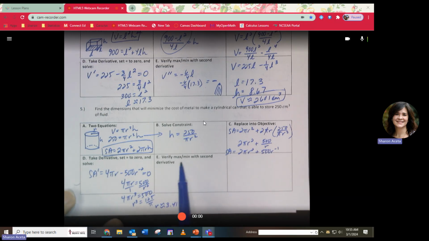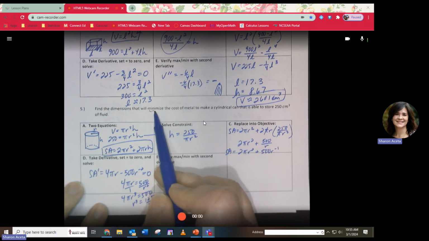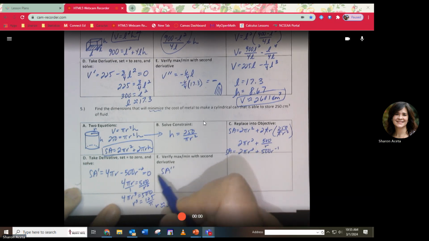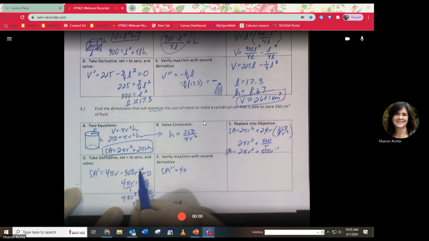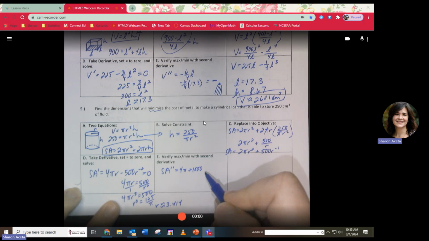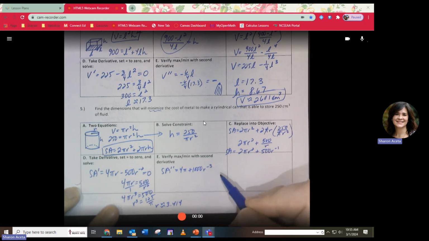And again, to verify that you have a max or a min, we're doing a min here, you would take a second derivative. This would be 4 pi. This would become 1,000, positive 1,000 r to the negative 3.